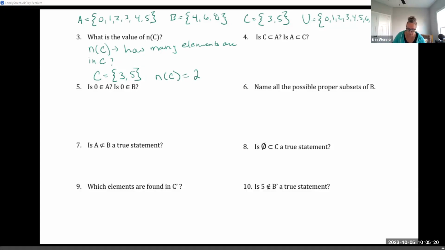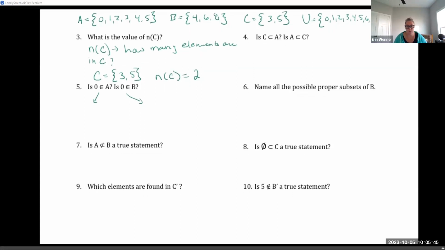All right. So number 5, with that same idea of talking about elements, we have 2 questions. Question number 1 says, is 0 an element of A? In the second part, it says, is 0 an element of B? So remember, we've got sets A and B at the top of our page.